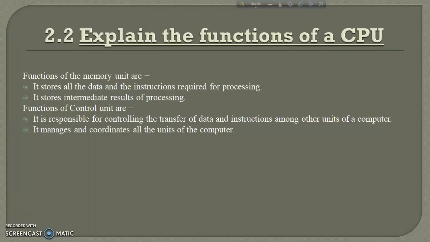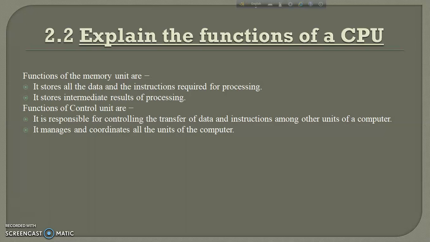2.2 Explain the function of a CPU. Functions of the memory unit are: it stores all the data and the instructions required for processing. It stores intermediate results of processing.